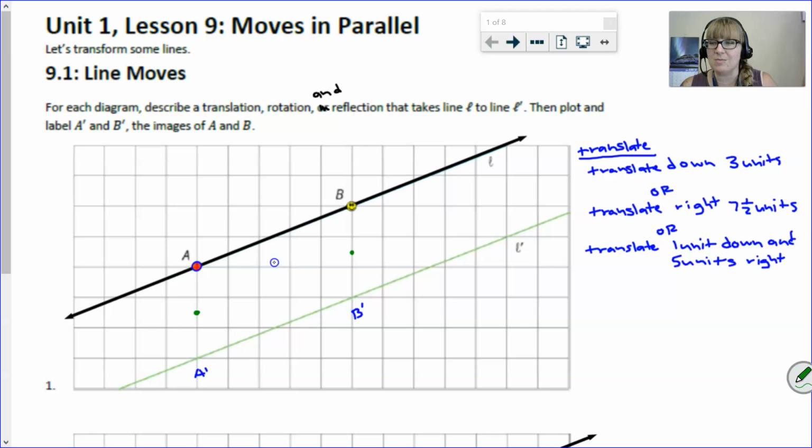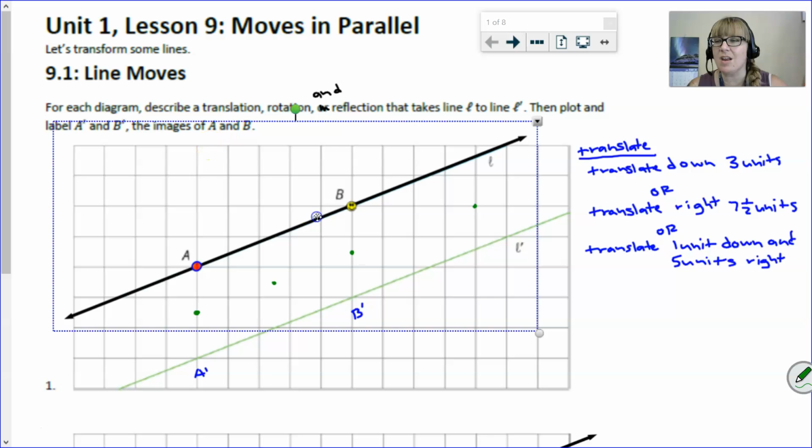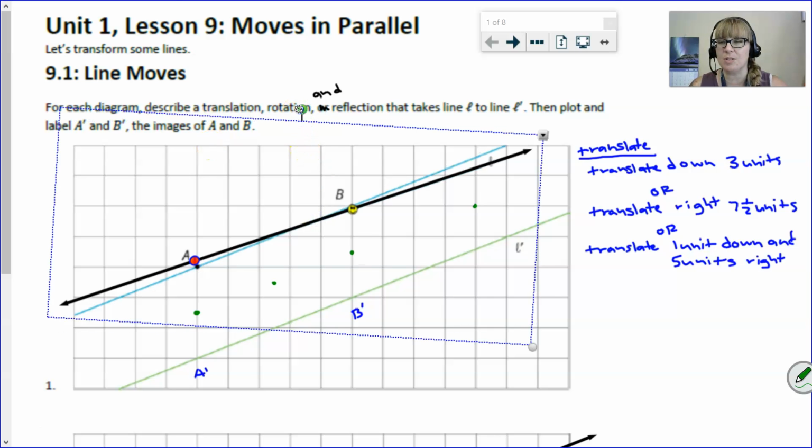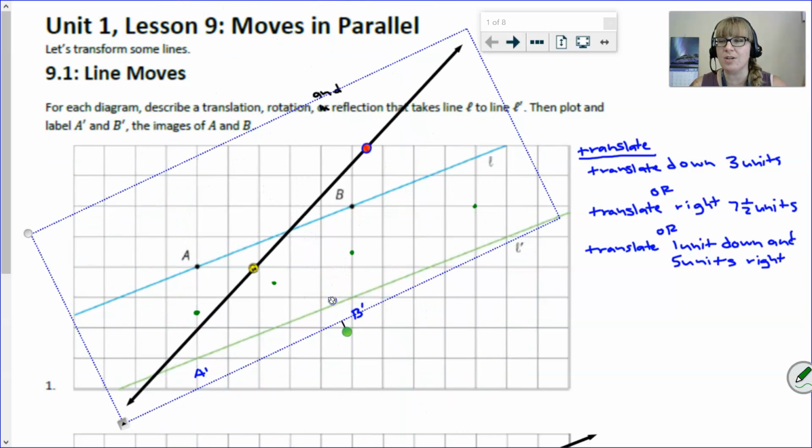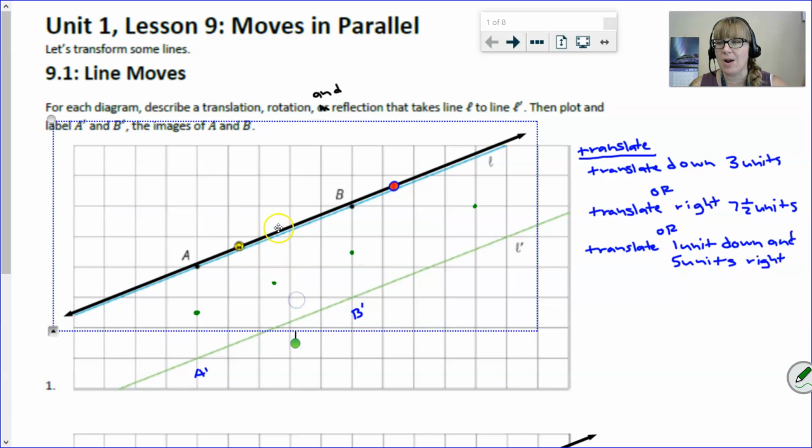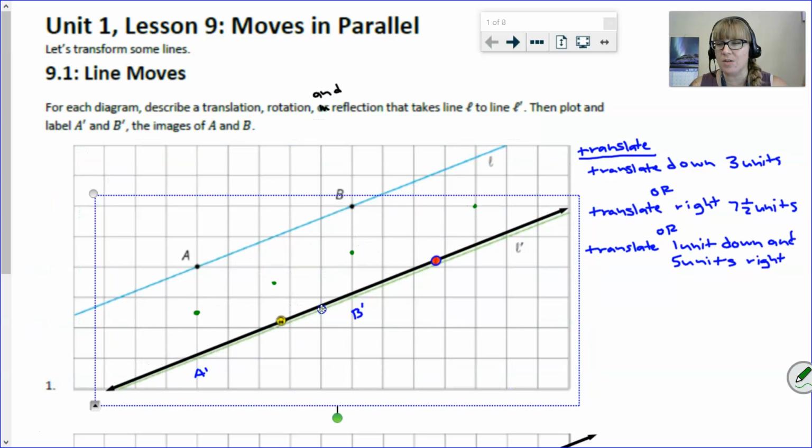So anywhere that's smack dab in the middle, and you'll notice that as I'm picking these various points, you will see that all of these points end up having something in common, and they're all kind of there in the middle. So again, this is not a perfect model because this is not geometry software, but if I'm rotating 180 degrees around one of these green points, it would have ended up here.